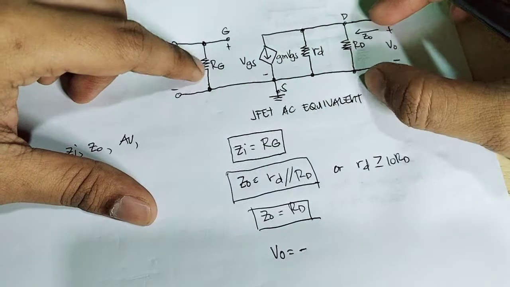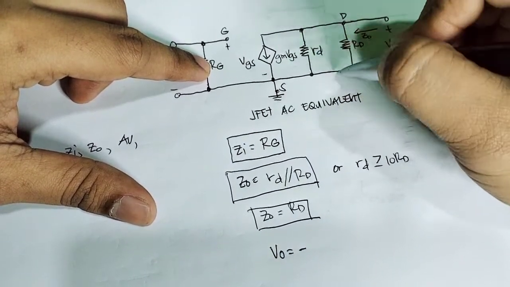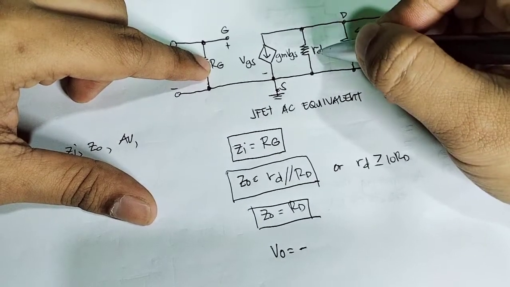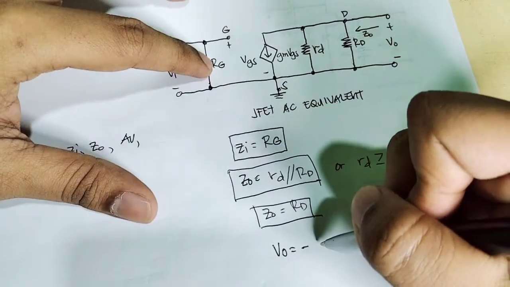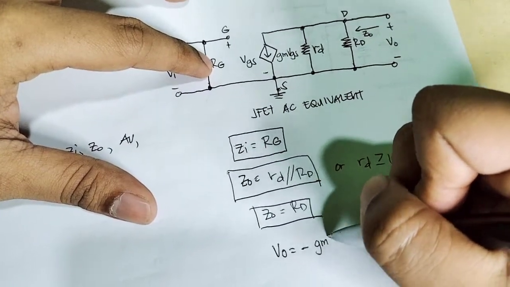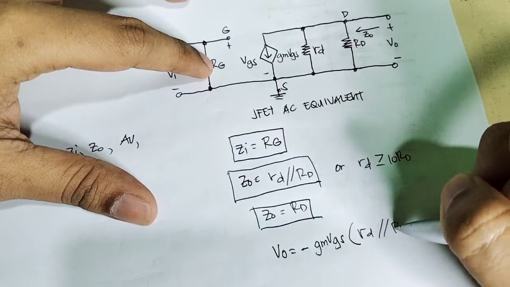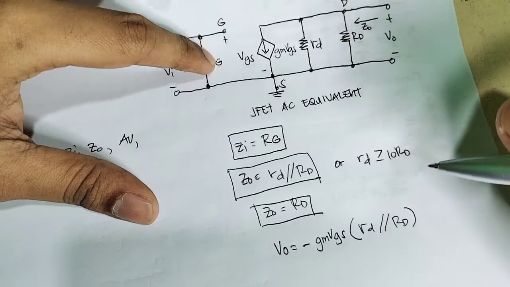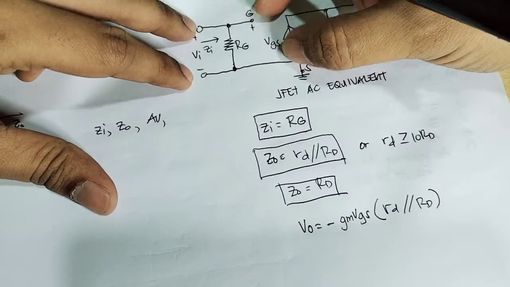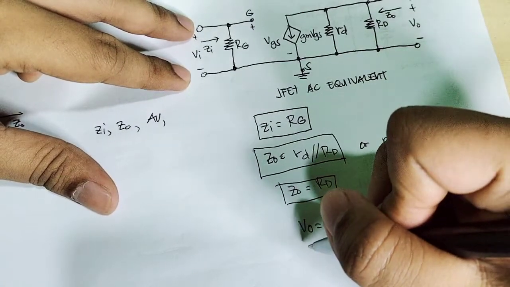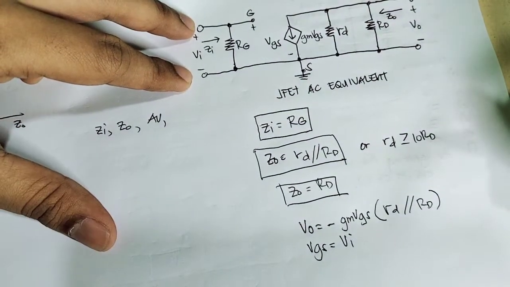The overall current of the output side is equal to g m times V GS, times the equivalent resistance of this resistor and this resistor, r sub d parallel with the capital R D. And also, as we all know, since this V GS is parallel to V i, our V GS is our input voltage.